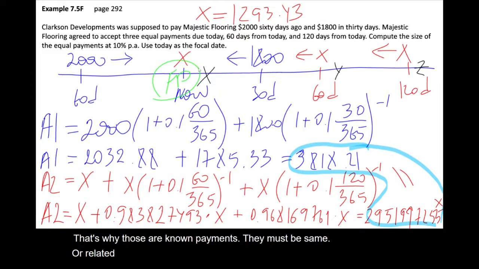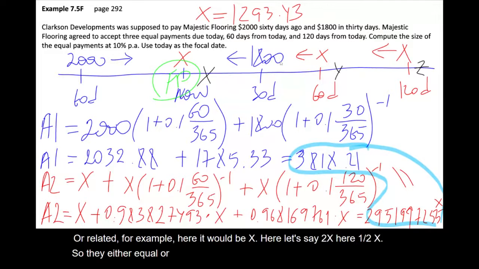For example, here it would be x, here let's say 2x, here 1/2 x. So they are either equal or somehow related. Then it is possible to calculate a unique answer.